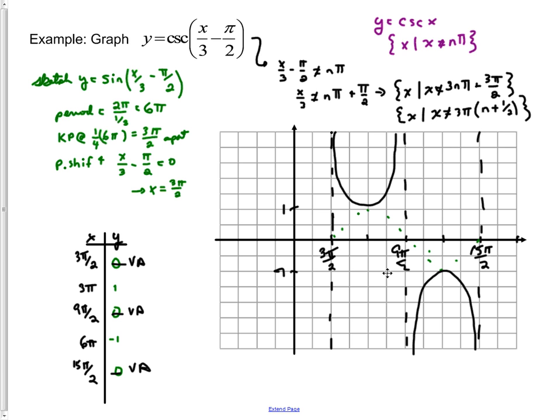That is exactly one cycle. We would have more cycles going either way. Coming off to the right, we could have another cycle going, or coming off to the left, we could have another cycle. All kinds of things that we can do here to get an idea of what the rest of this graph looks like over more periods. But here's the graph as we use the sine in order to help guide it.